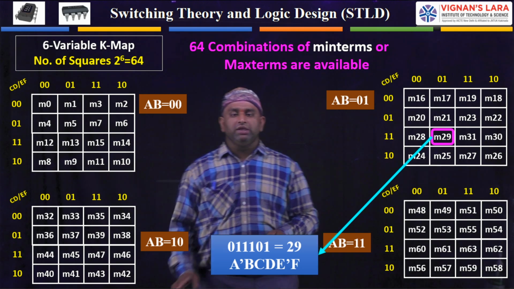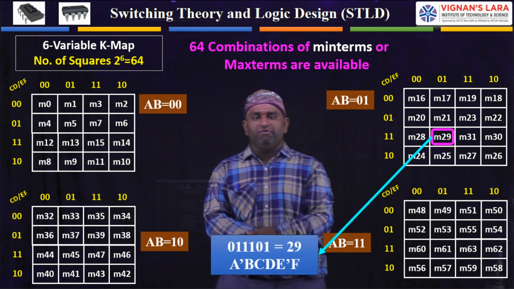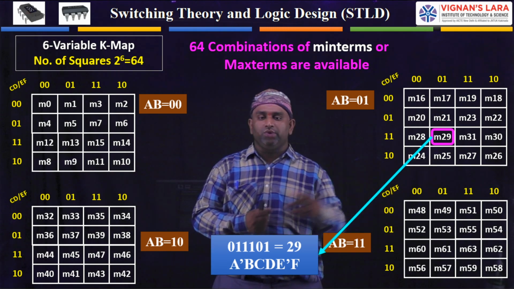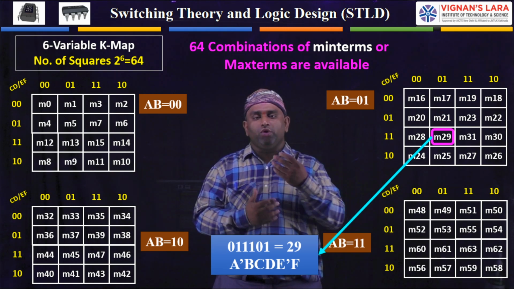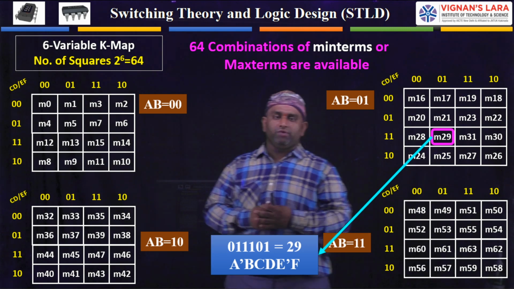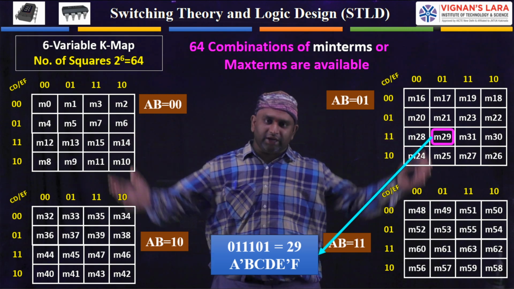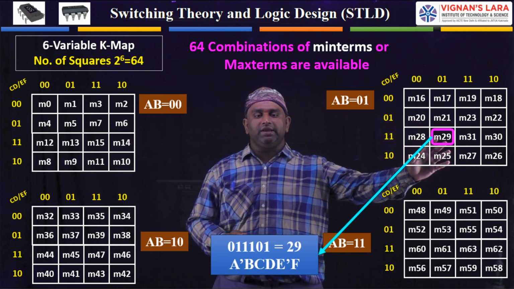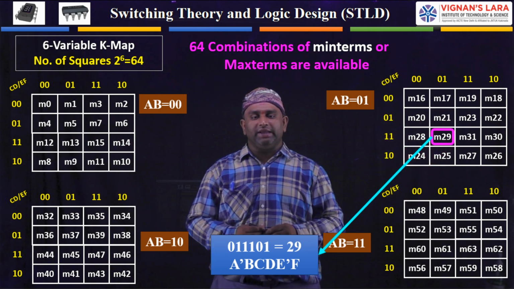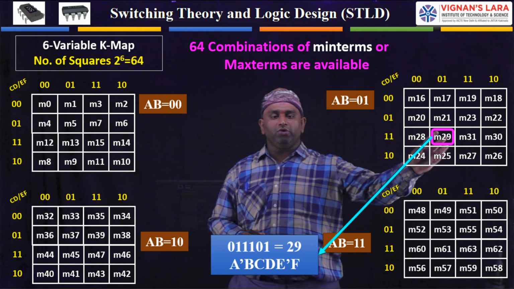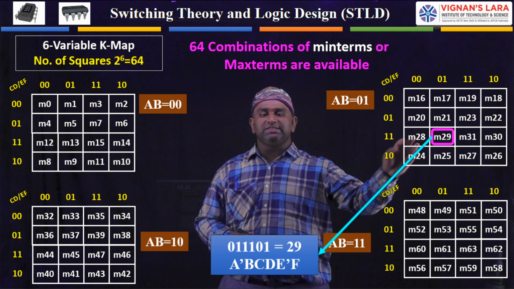Before going to that, see here how to represent a value in this 6-variable K-map. When you are simplifying a given problem with the 6-variable K-map, you have to draw this complete diagram. For example, I have taken the value M29, that is minterm 29. What are the CD values?